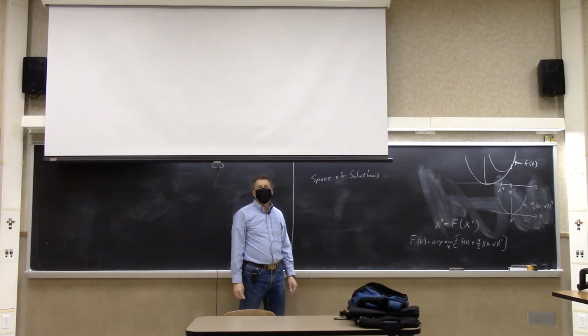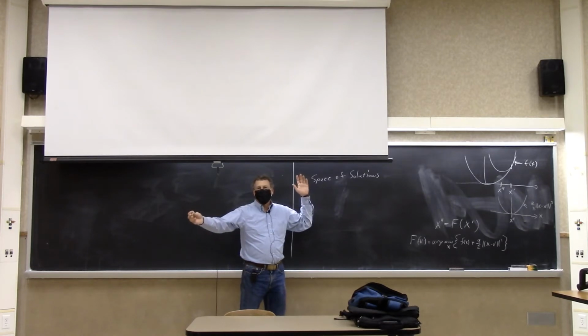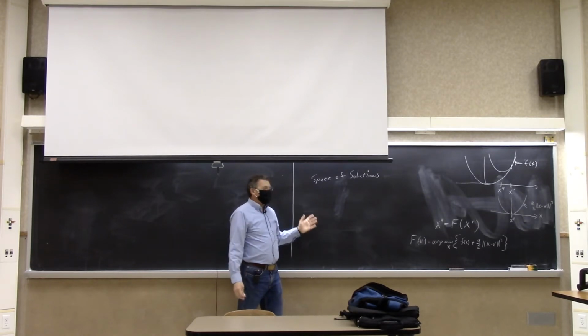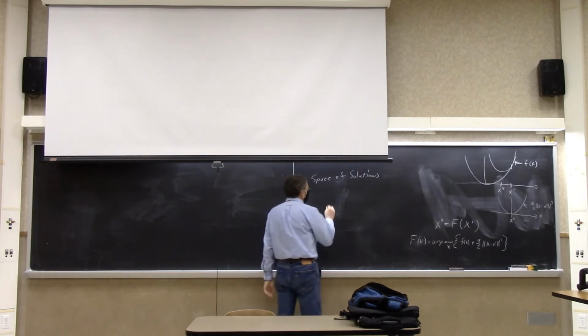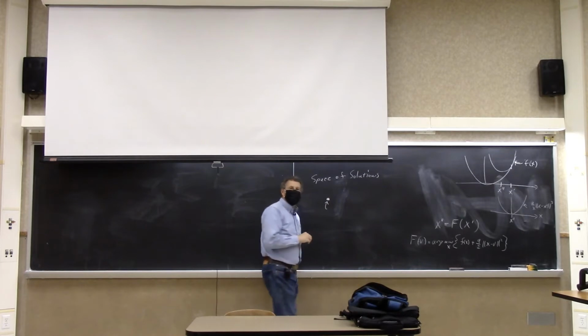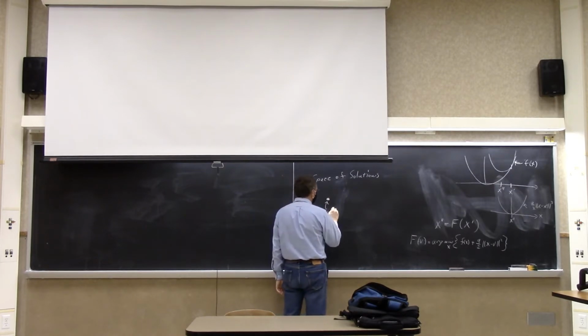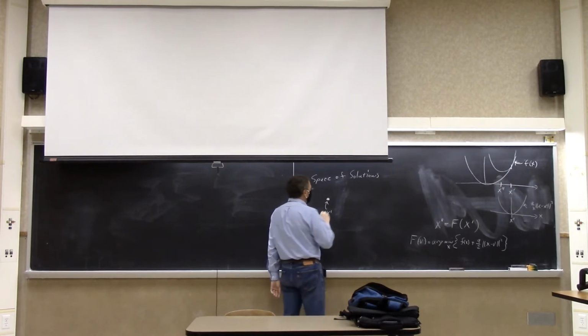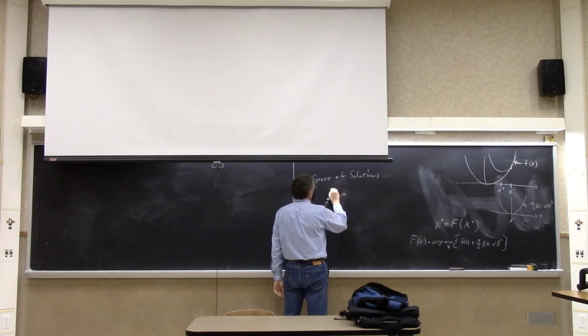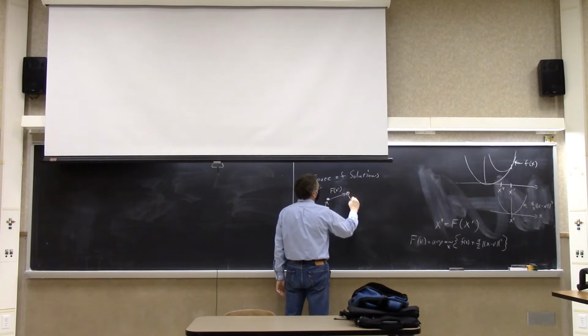Space is empty, so I don't know what to draw. But then there's some point here, and we'll call this x prime. Then you apply f to x prime, and what comes out is x double prime.